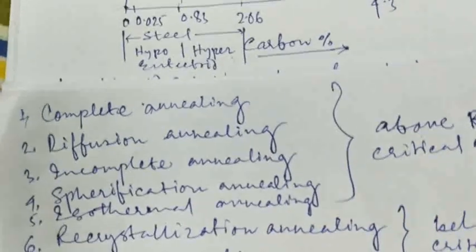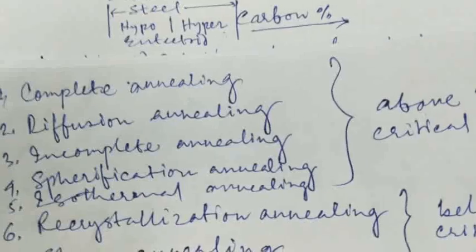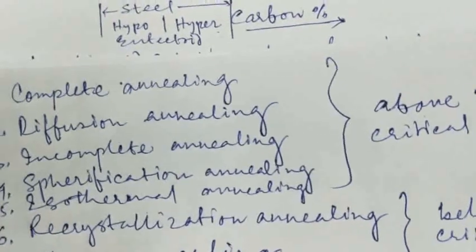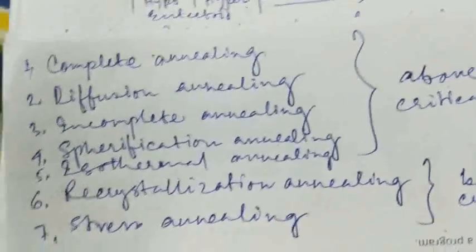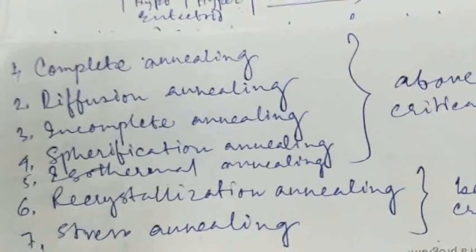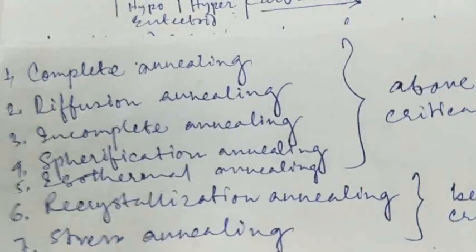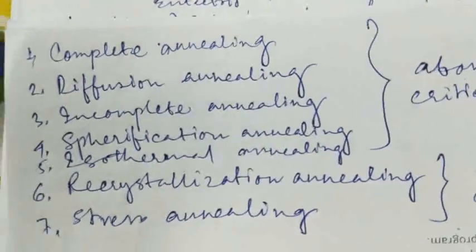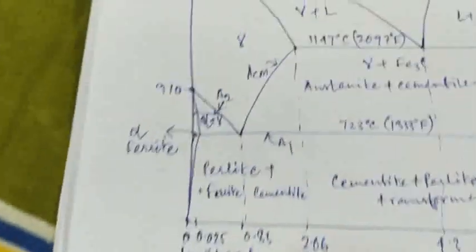Now let us come to the classifications, the 7 types of annealing process. The first one is complete annealing. The process is to heat the steel above the AC3 line. Actually this is the AC3 line.